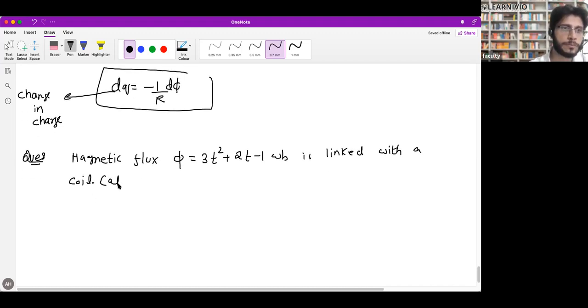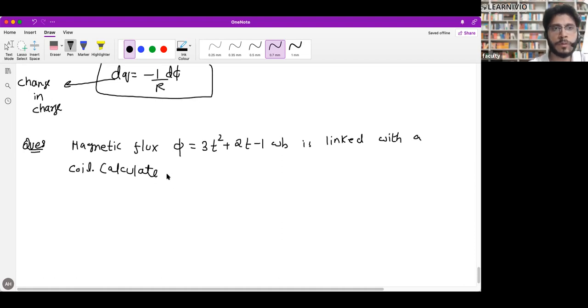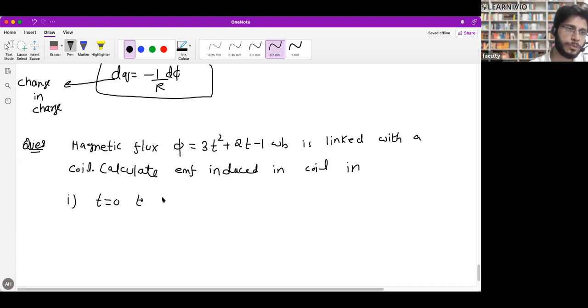Calculate the EMF induced in the coil. In the first part, t equal to 0 to t equal to 2 seconds.